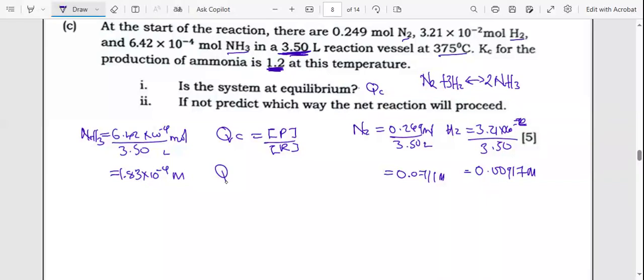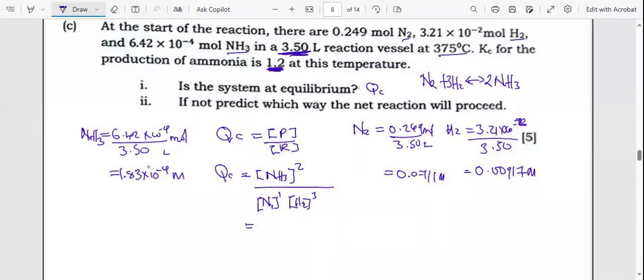So we say Qc, which is called the equilibrium quotient. The product from the reaction is just ammonia, and you raise it to the power 2, over the reactant. We have nitrogen to the power 1, and then hydrogen to the power 3. We substitute those values.